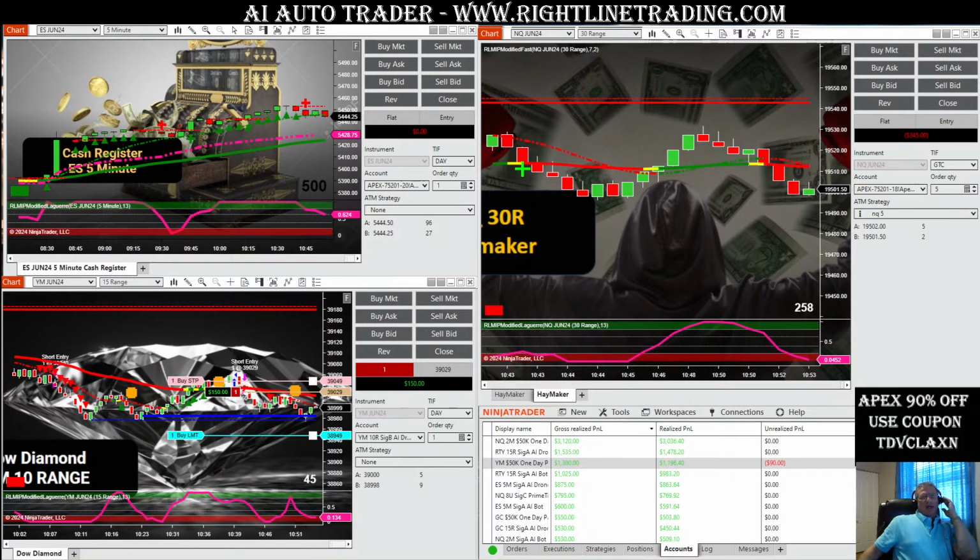We've got 10 contracts on the signal B on the 30 range, so it's very possible we get this short roll here if it continues down. It's been a bit choppy now.